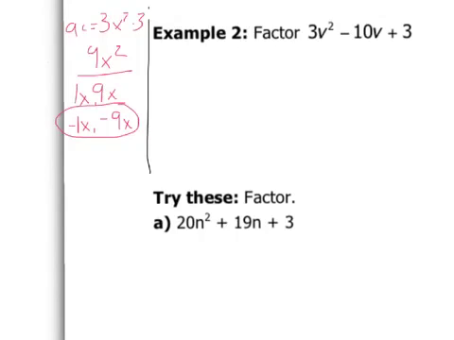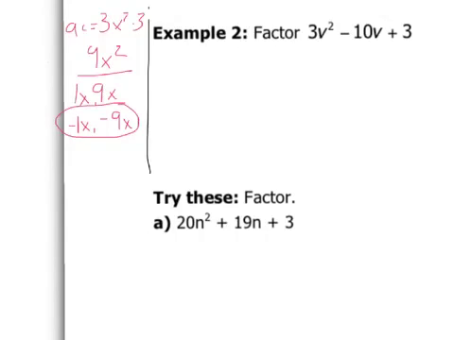So once I find negative 1x and negative 9x, what do I do with those terms? Look back up to your steps. Once I find those factors, what do I do next? Break the middle apart, right? So I break the middle into those two things.